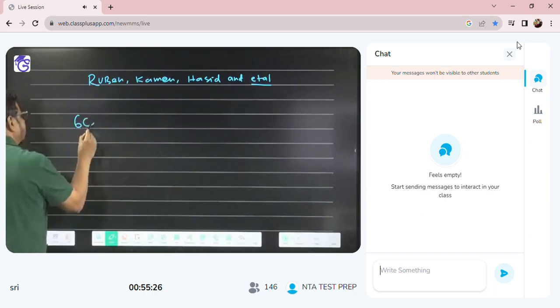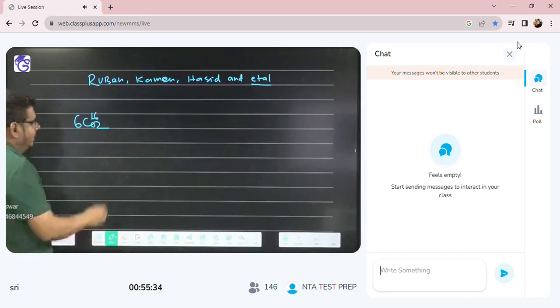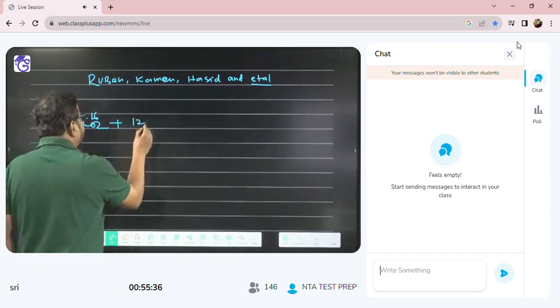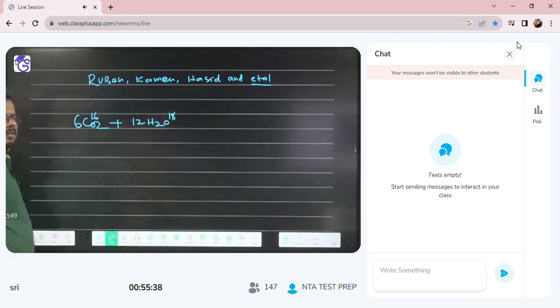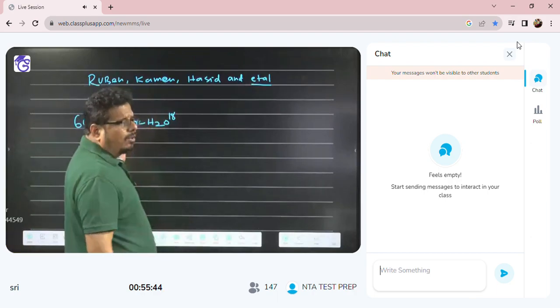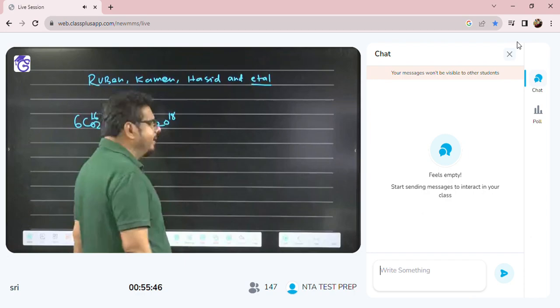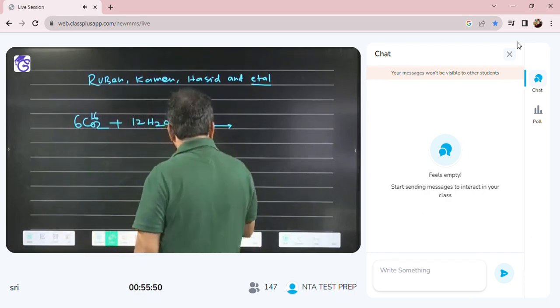So 6CO2, here they have taken O16. Normal oxygen has which atomic weight? 16. It reacts with 12H2O. Here they took oxygen 18. So he changed the oxygen. In carbon dioxide, normal oxygen. In water, he took radio-labeled oxygen and performed photosynthesis in algae.